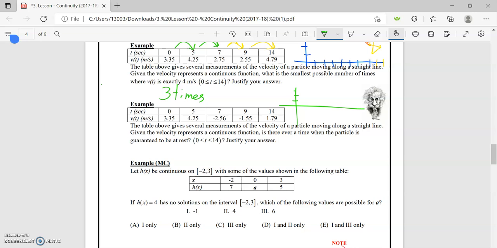So we go from here down to negative 2, we had to have crossed 0. So there's one. 7 to 9, not guaranteed, it is possible. It's always possible, but not guaranteed because we're negative and negative. 9 to 14, absolutely. From negative 155 to positive 179, we had to have crossed that 0 mark.